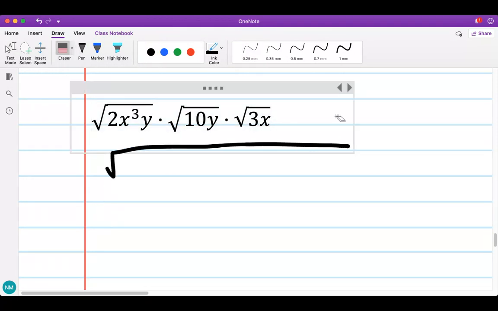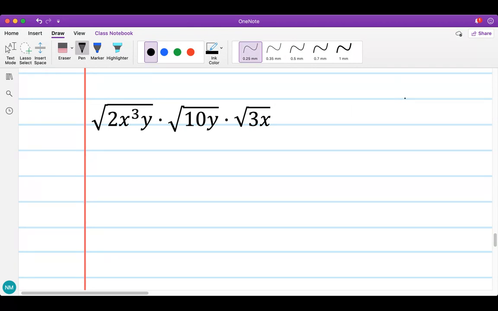Now, just a quick reminder, if I have something like the square root of 12 and I break it down to 4 and 3, the square root of 4 times 3, because 4 times 3 is 12, I get 2 root 3.